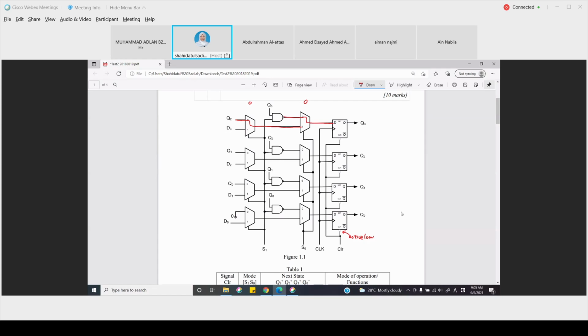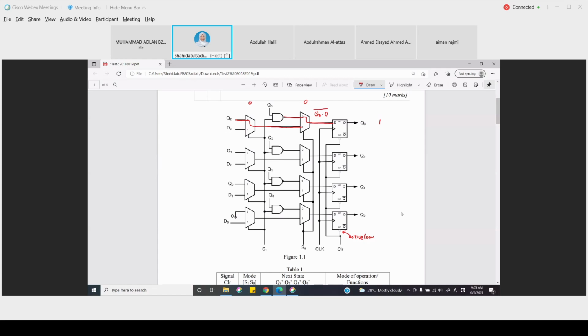Here this is Q3 and S1, which is 0 bar, because this is a NAND. So the next state for Q3 here is 1, because AND with 0 will be 0, and then complement, it will be 1.